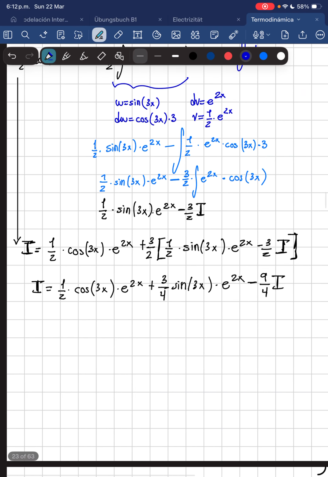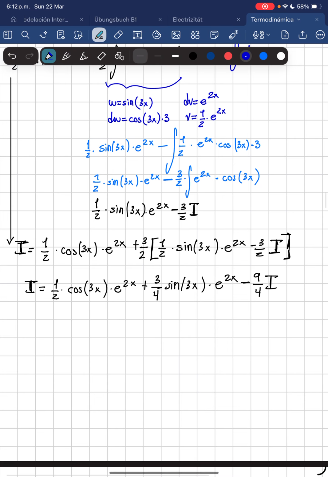And for you guys to see it in a simpler way, we're just gonna separate our terms by operations hierarchy, and you can see this more clearly.